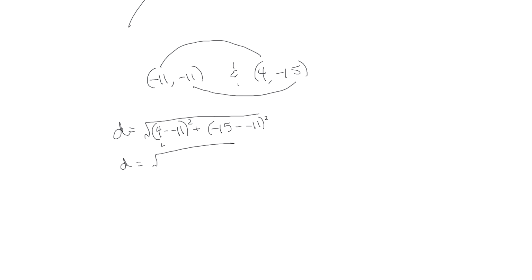Okay, so 4 plus 11 is 15, squared is 225. Plus, oh, it's getting harder. Negative 15 plus 11 is negative 4. Squared is 16. 225 plus 16 is 241.